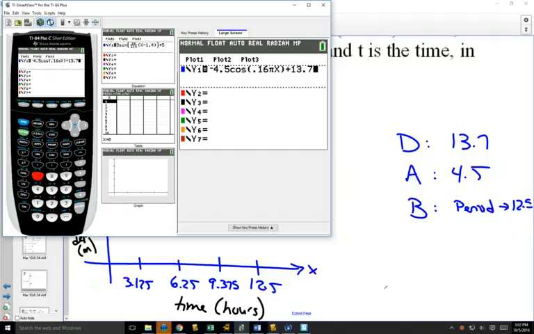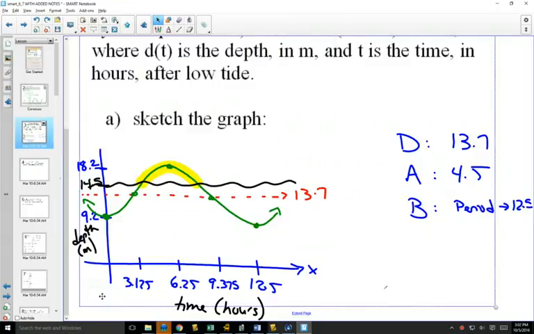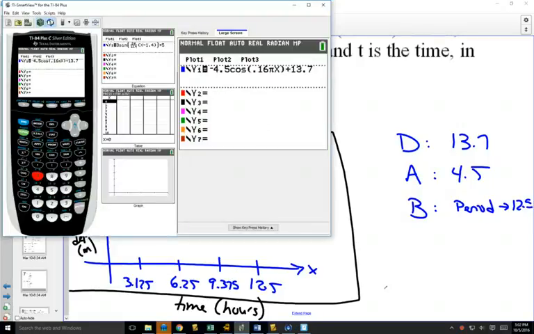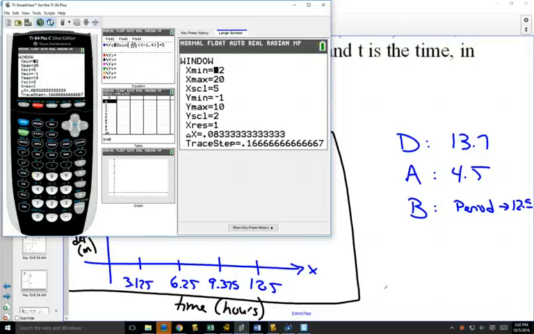Now if I hit graph right away, I might not see this, because we want to set up our window for a graphing calculator to show this part. In order to do that, we need to go to the window button and set things up so that we can see it.